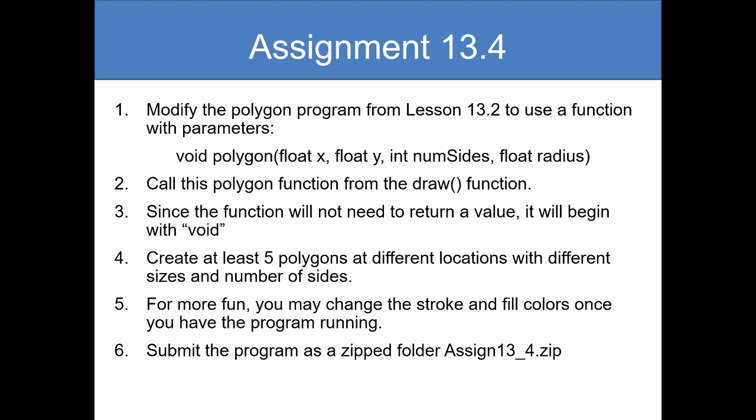So you're probably going to call it 5 times at different sizes and different numbers of sides at different locations. So have fun with it. See if you can make it so that they have different looks. Make them seem different. You might be able to figure out fill colors, maybe, maybe not, but definitely try at least changing the stroke.